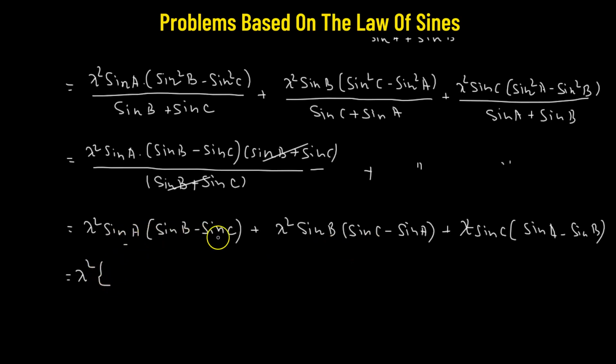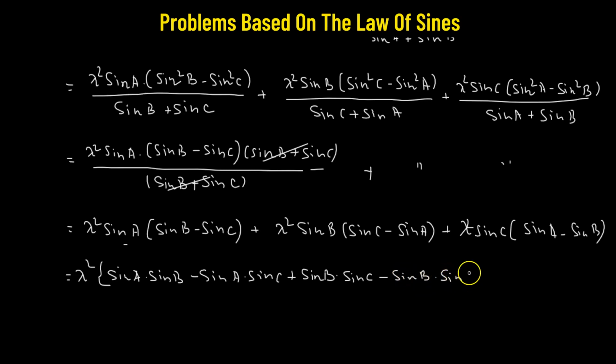So we have sine A multiplied to sine B minus sine C, so that's sine A multiplied to sine B minus sine A times sine C. Then in the second term, we have lambda squared taken out already, so we have sine B multiplied to sine C minus sine A. So we're going to get sine B multiplied to sine C minus sine B multiplied to sine A. And then coming to the final term, we have sine C multiplied to sine A minus sine C multiplied to sine B.